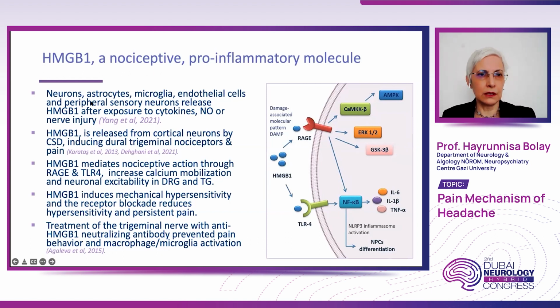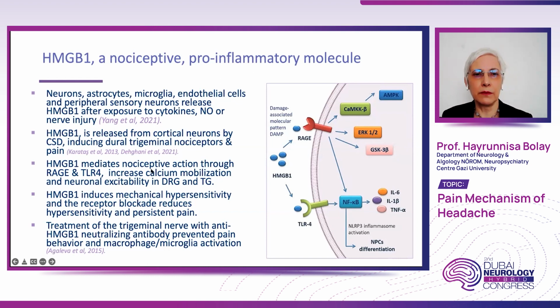We also know that cortical neurons, sensory neurons, astrocytes, and endothelial cells all release HMGB1 if they are exposed to the cytokines of nerve injury. And we know during spreading depression, HMGB1 is released and is able to induce trigeminal nociceptors.